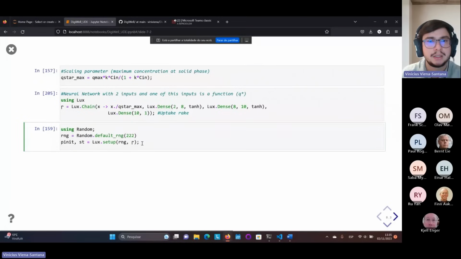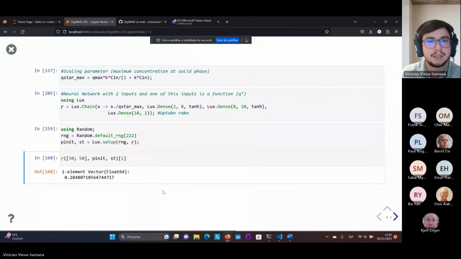Here I can call the setup function, which randomly initializes my weights using some initialization algorithm. Then I can test if my function is doing the correct calculation. I passed a vector with 2 dimensions as input, along with my randomly initialized weights, and I can see that it returns a vector with 1 element, so it's a scalar.